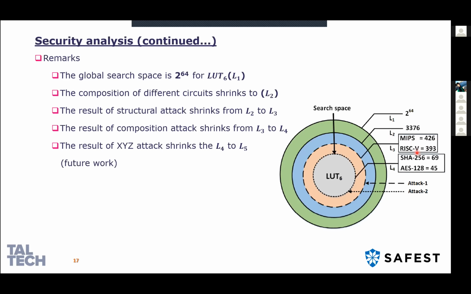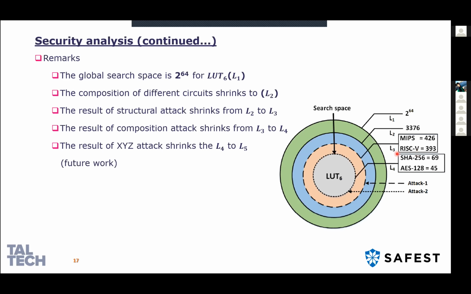If we go deeper, we perform the compositional attack, and the adversary learns from the structure of the design that is obfuscated. This means that once he gets the design, it will decrease the search space from level 3 to level 4.